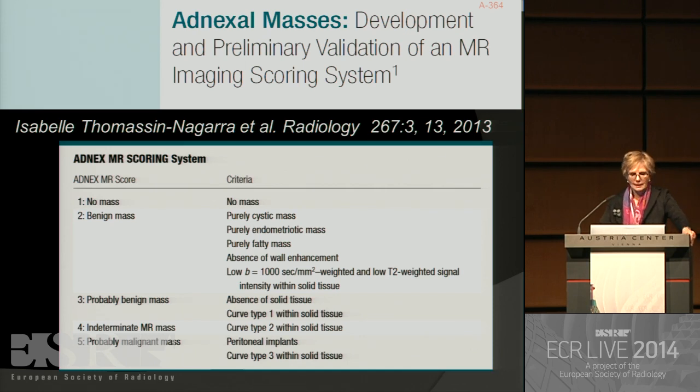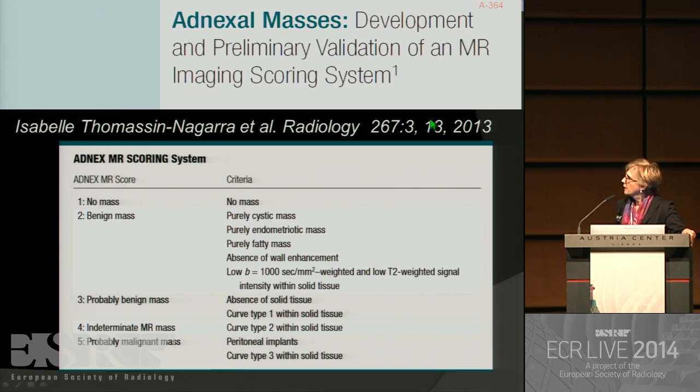What she has done is suggest a scoring system for adnexal masses. Number 5 is a typical cancer, as I've shown you. Score 1 would be no mass. Score 2 would be the classical benign masses we are able to diagnose, like endometriomas, cysts, or fatty masses.